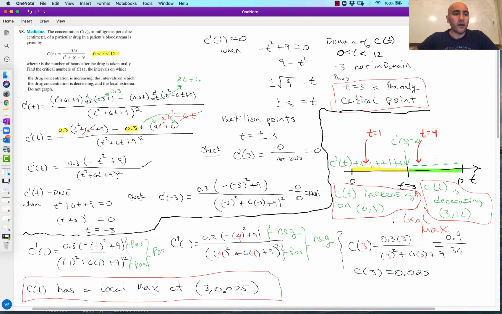Okay. Let's take a quick look at what this looks like on Desmos and confirm that our result makes sense. It says do not graph, but you don't have to graph it yourself, and we can use technology to get a good sense. It's always nice to confirm that your work matches the graph.